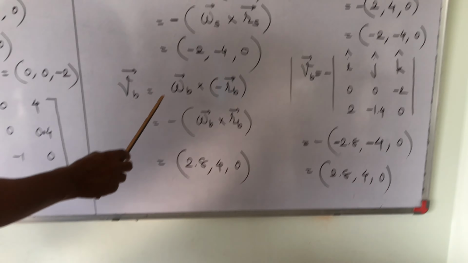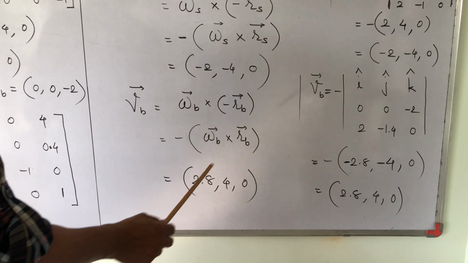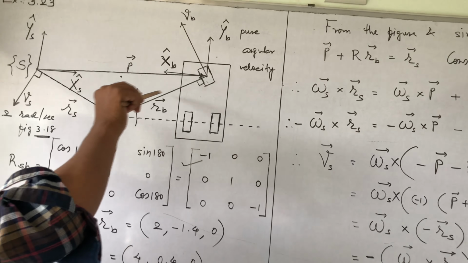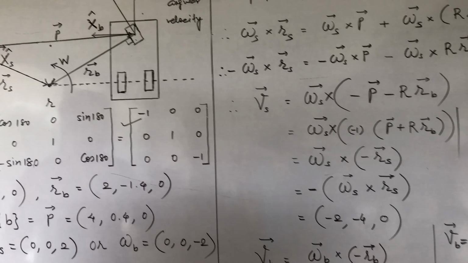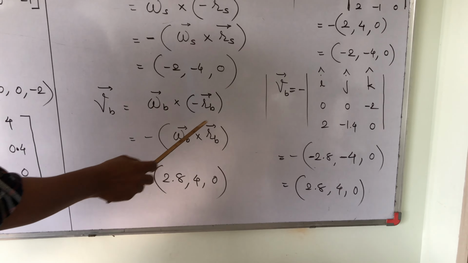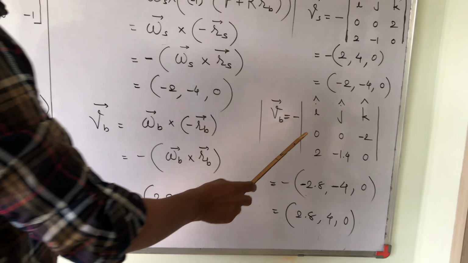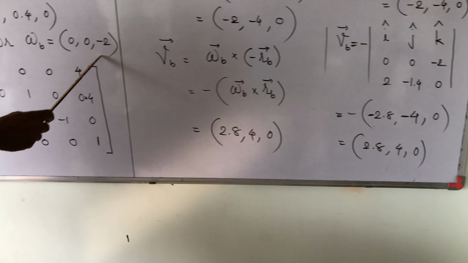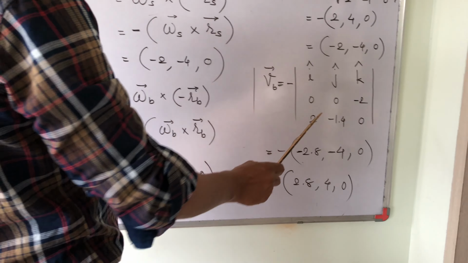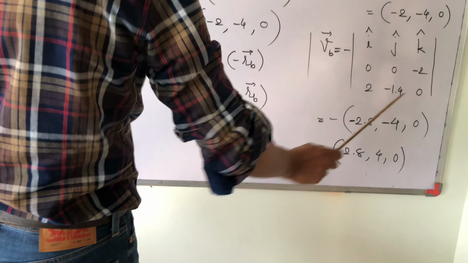Now VB is omega B, same sense, omega B cross minus RB, because the axis is here. So the vector of this point is opposite to RB. So omega B cross minus RB. So minus sign here, omega B cross RB. This one is VB. Omega B is 0, 0, minus 2, and RB is 2, minus 1.4, 0.